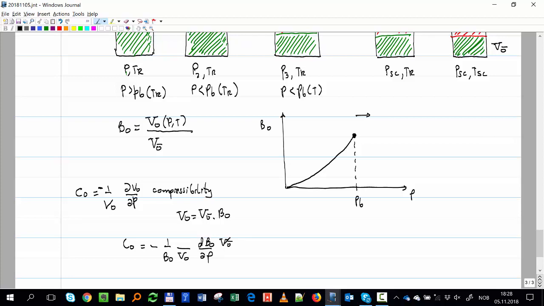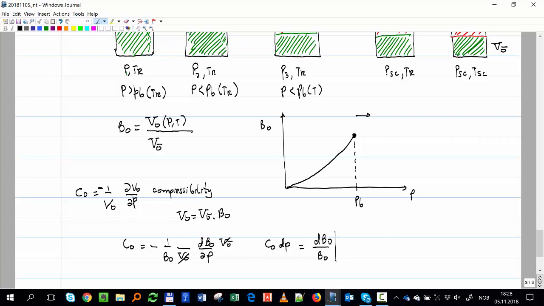These two go away, and it tells me that I can use the compressibility to calculate the variation of BO with pressure. So I integrate dBO divided by BO, that will be equal to minus dP times CO.